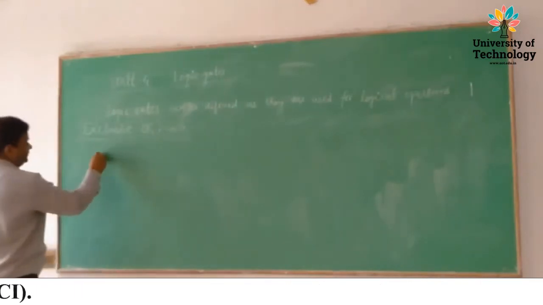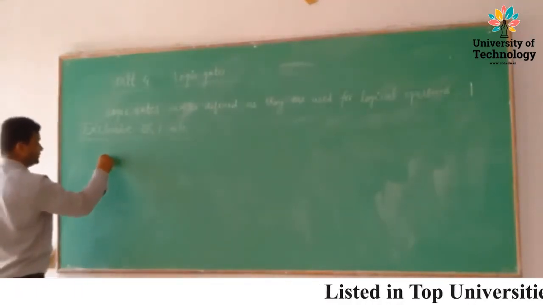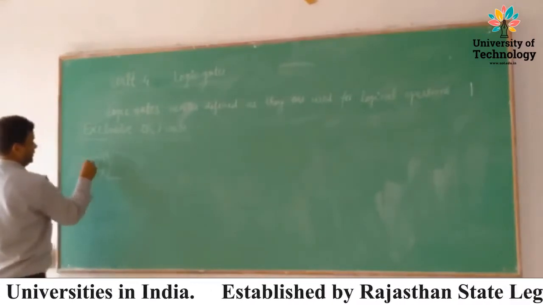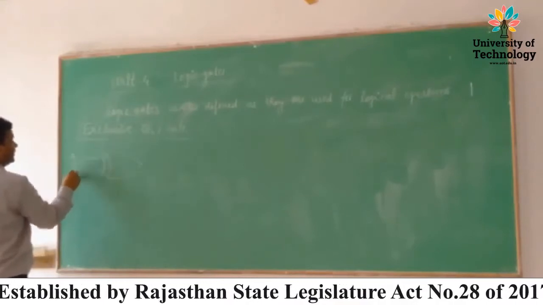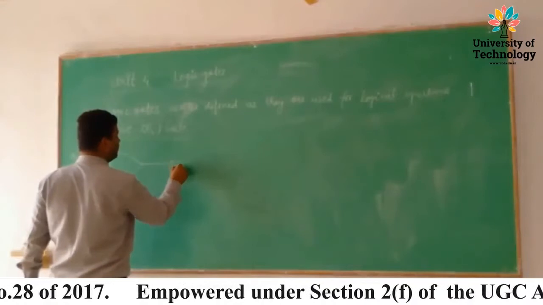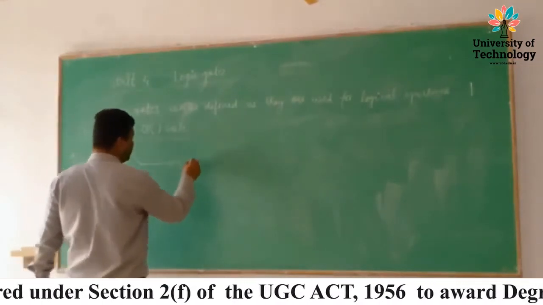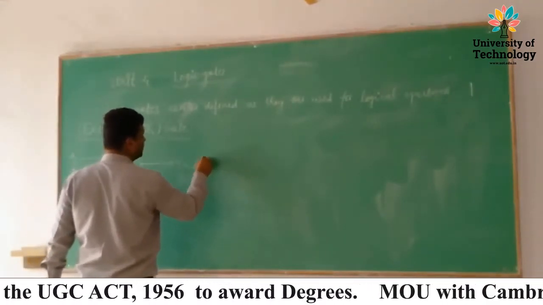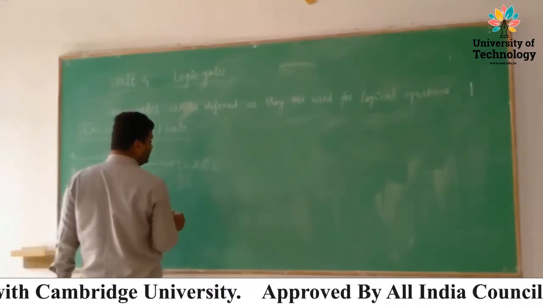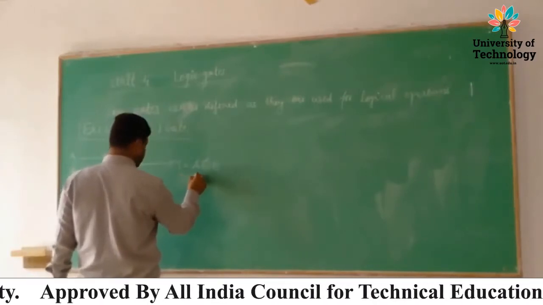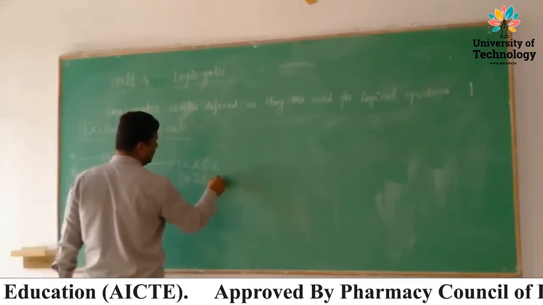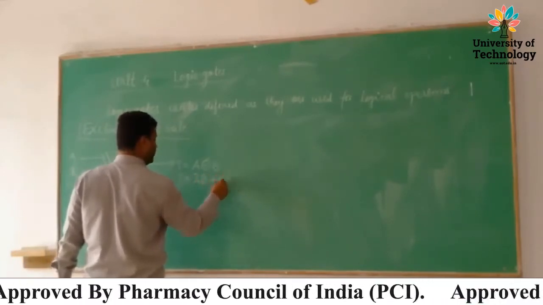Exclusive OR gate, we can symbolize this like inputs A, B, and output will be Y. That is A exclusive B. And what is the meaning of exclusive? We can further write y equal to A bar B plus A B bar.